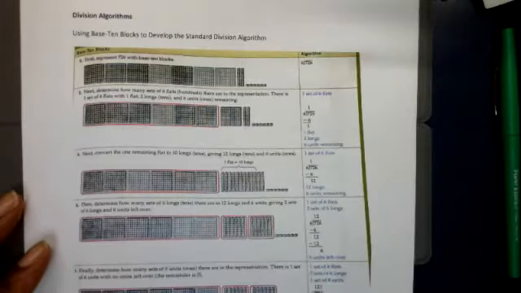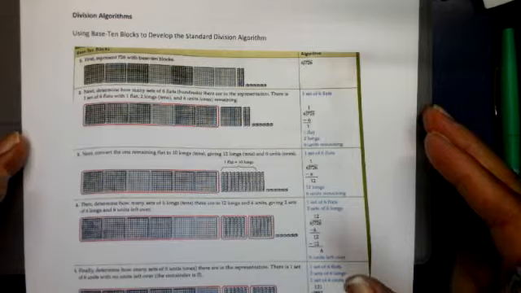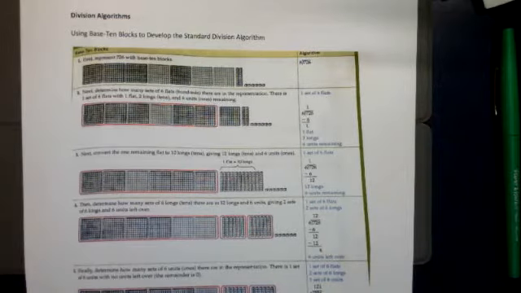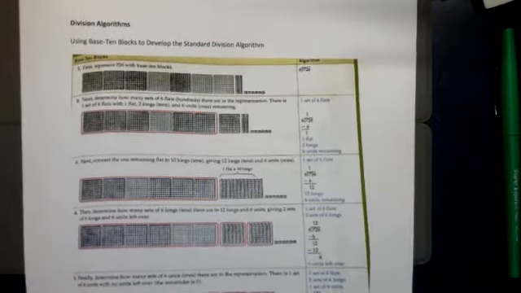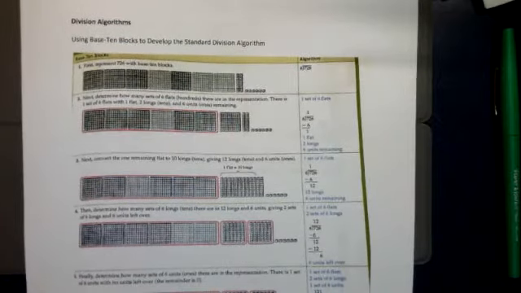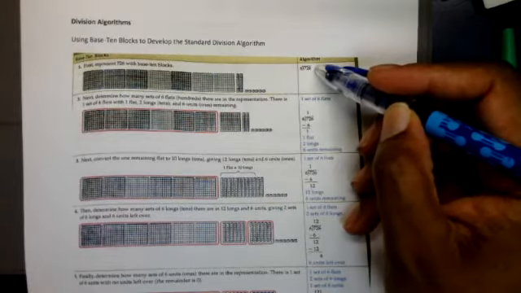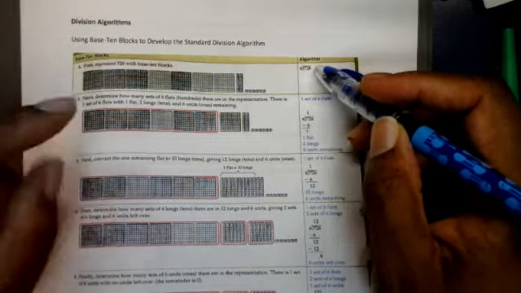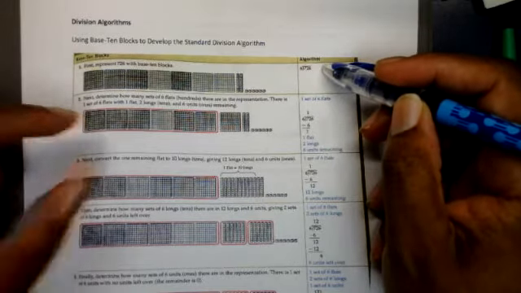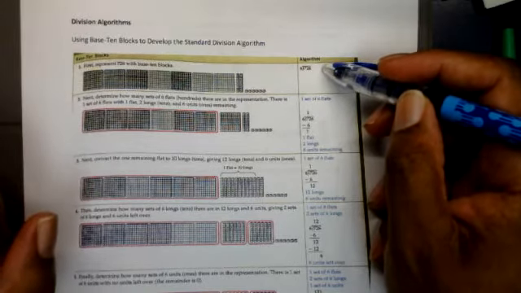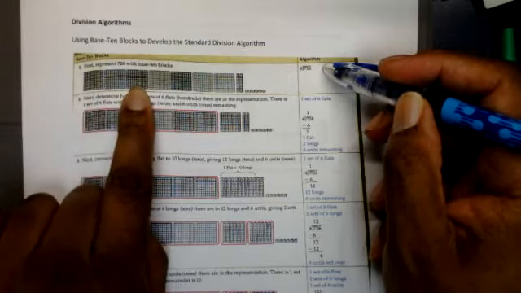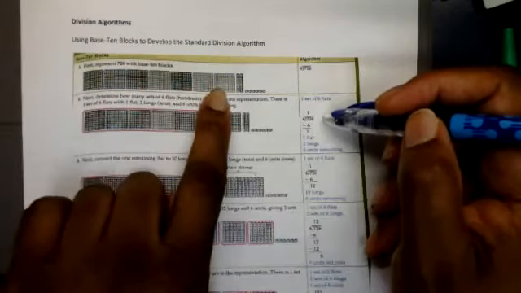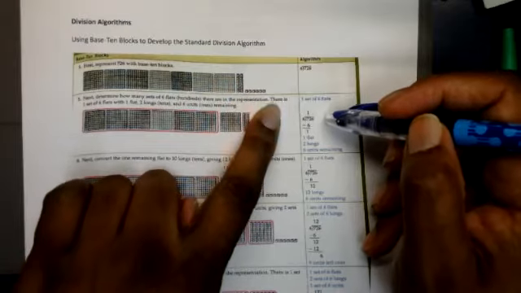All right. Let's look at some division algorithms, starting with the base 10 blocks to develop the standard algorithm. So let's say we want to do 726 divided by 6. In this case, we're going to model 726 using 7 flats, 2 longs, 6 unit pieces.